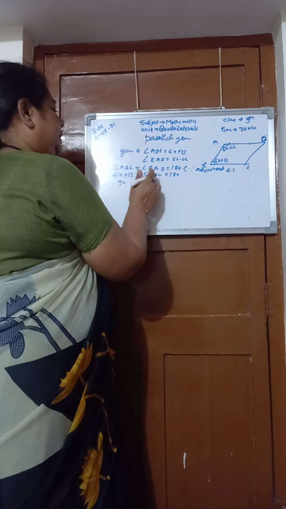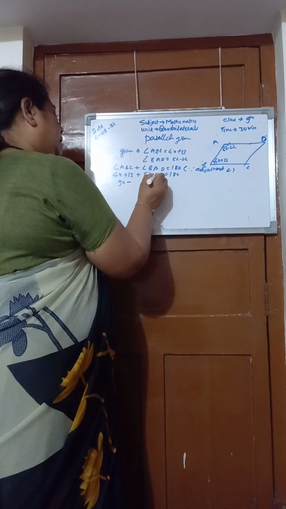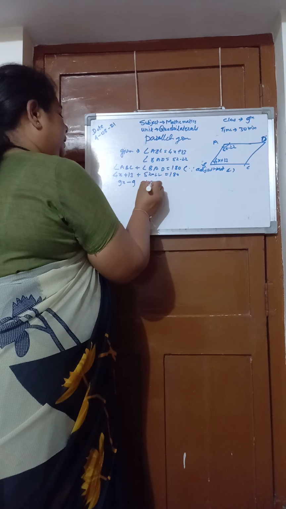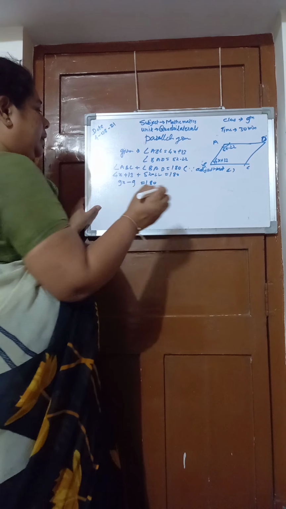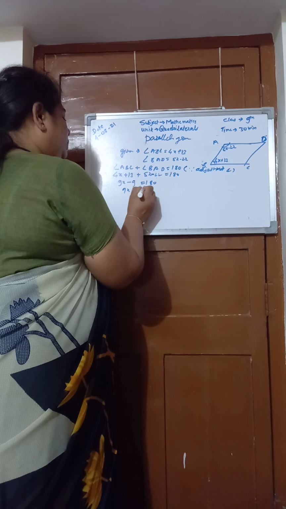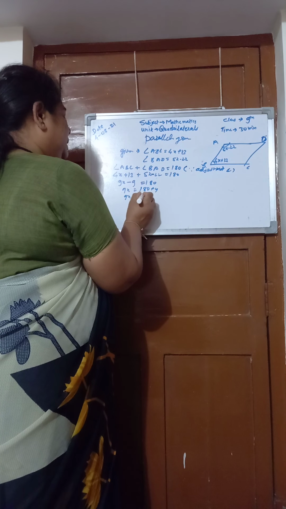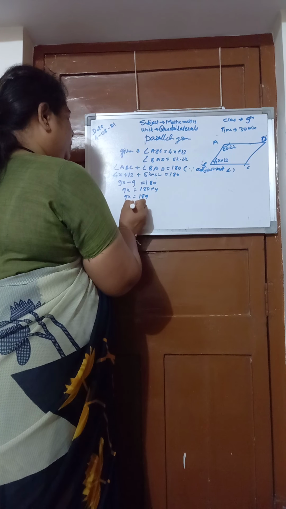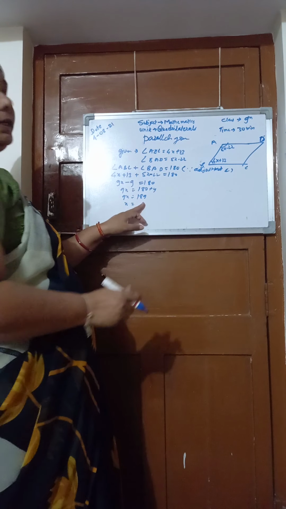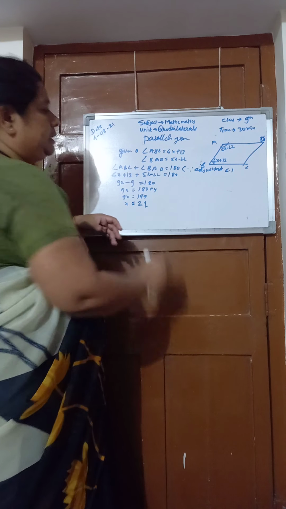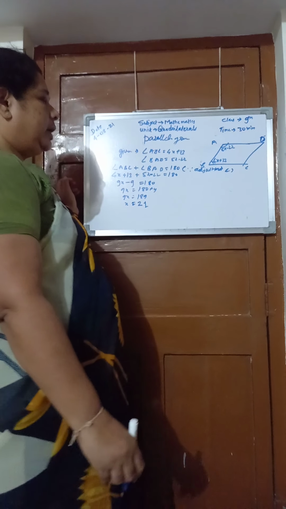This is the greater number, therefore put the sign of this number. 9x minus 9 equal to 180. 9x equal to 180 plus 9, that is 189. X equal to, divide it. 9 2s are 18, 9 1s are 9. 21. X equal to 21.